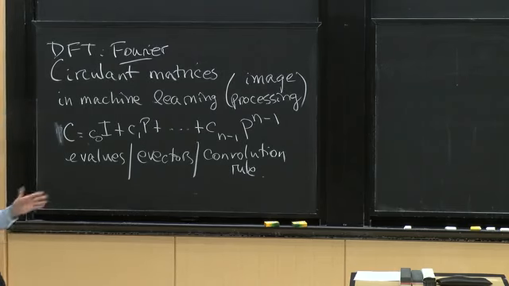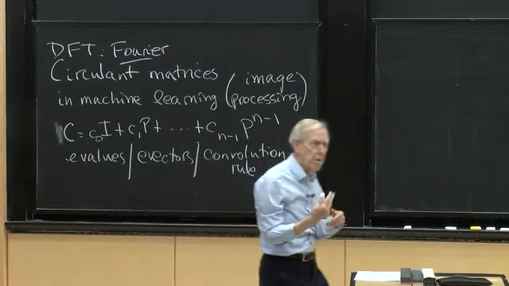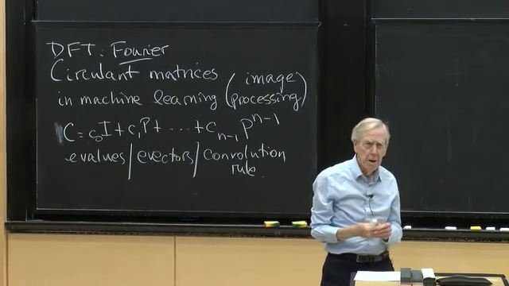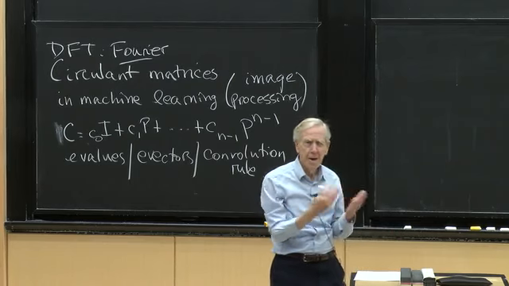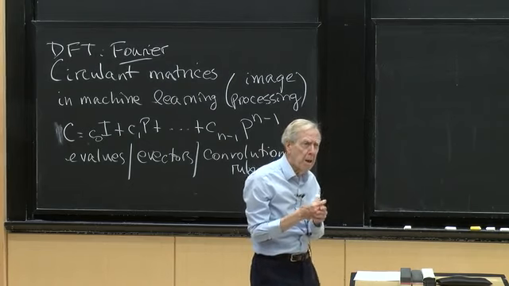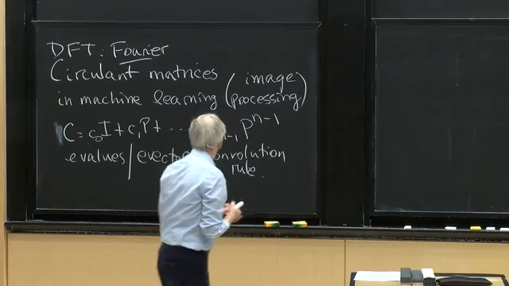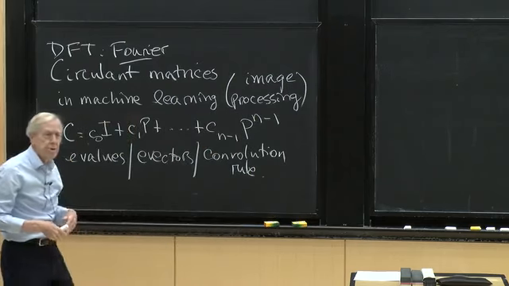The discrete Fourier transform is, as you know, a very, very important algorithm in engineering and in mathematics everywhere. Fourier is just a key idea, so I think it's good to know about those.